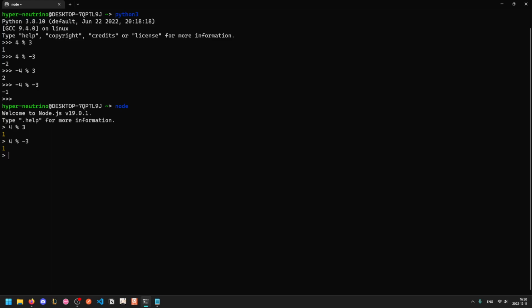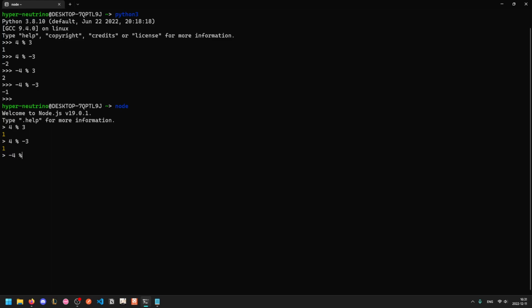If we take 4 and divide it by negative 3, we get negative 1, remainder 1. And so it gives the actual remainder under division, because 4 divided by negative 3 is equal to negative 1, remainder 1. So the remainder is 1, which is equivalent to negative 2, but in this case, it would give the sign of the left side.